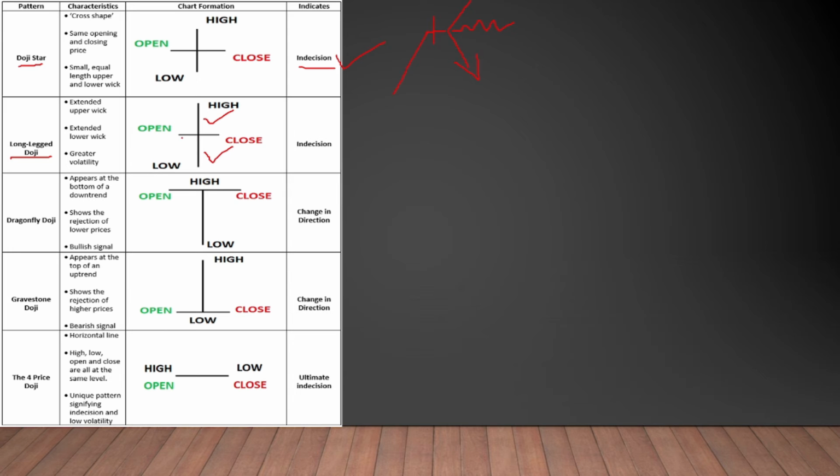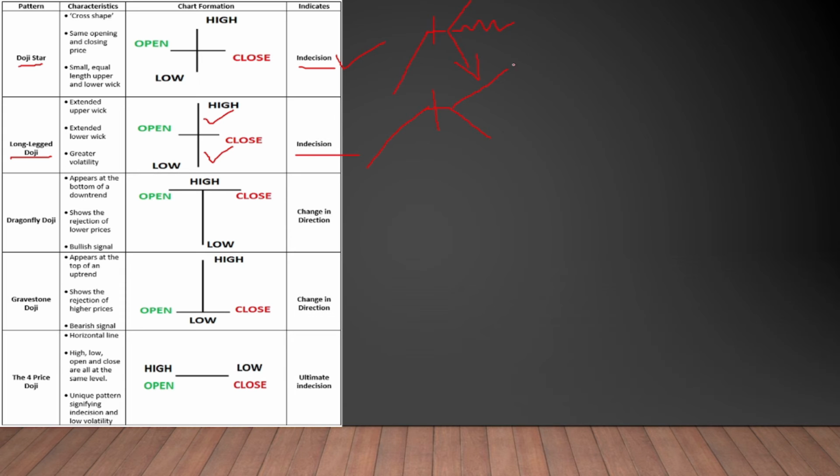Then what can we interpret? The same thing as the doji star. Let's suppose the market is in an uptrend, and all of a sudden, with a huge amount of volatility, a long-legged doji candle forms. As a trader, it is difficult to interpret whether the market has taken a pause and will continue the trend, or whether there is a reversal in the trend. We cannot actually interpret, friends. So even this puts us in indecision mode.